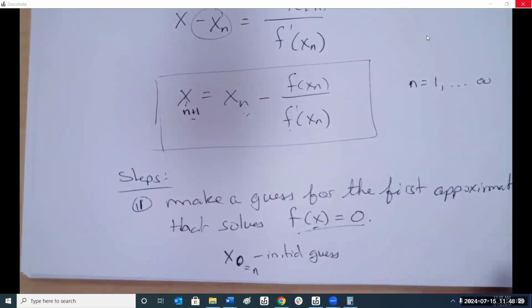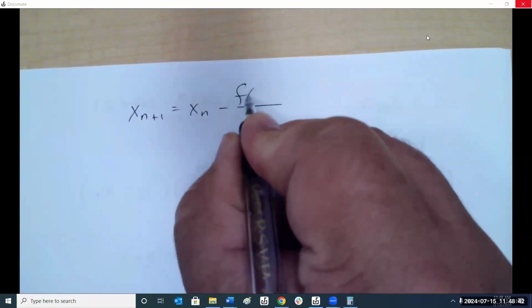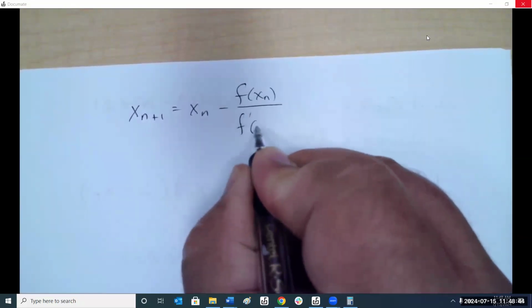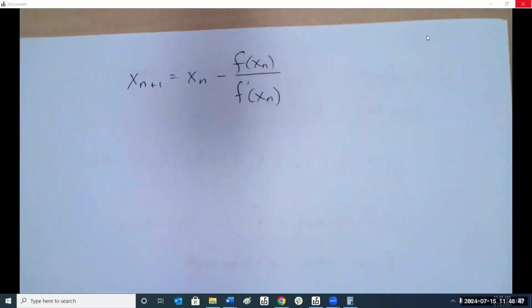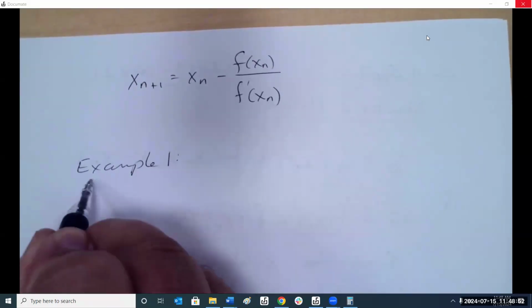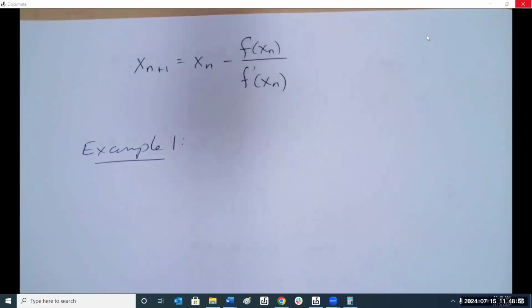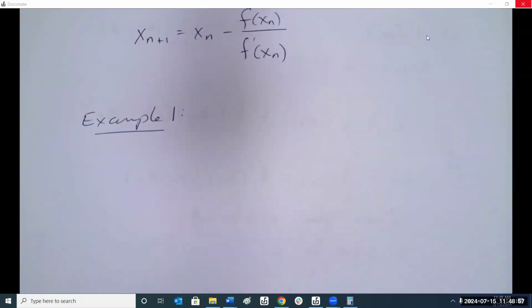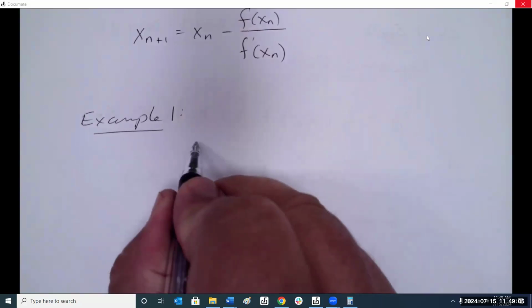Let's look at an example here. Remember, our formula is x sub n plus 1 equals x sub n minus f of x sub n over f prime of x sub n. Example 1 says, approximate the positive root for the equation.